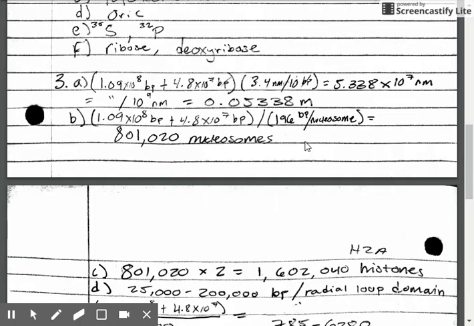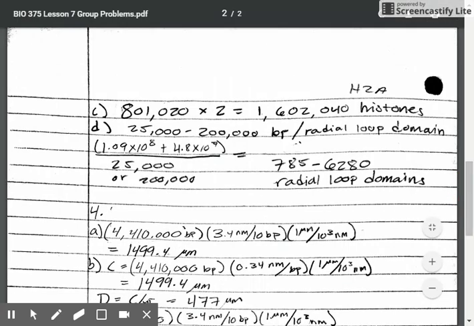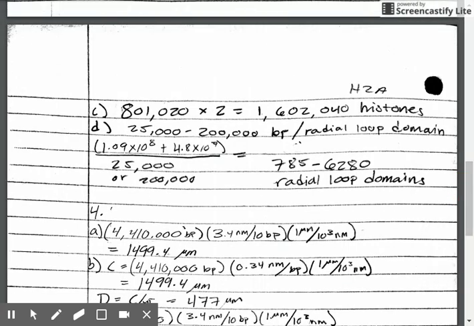So we just add 146 and 50 gets 196 base pairs per nucleosome. Just add those up, divide, cross each other out, and you get 801,020 nucleosomes.